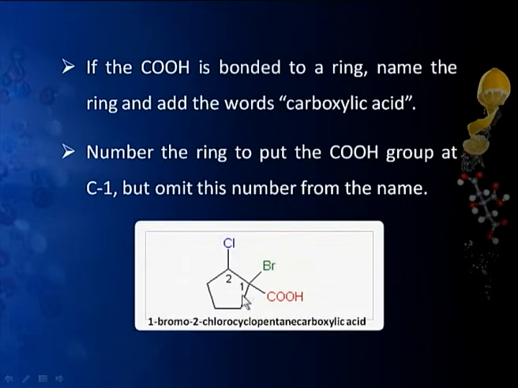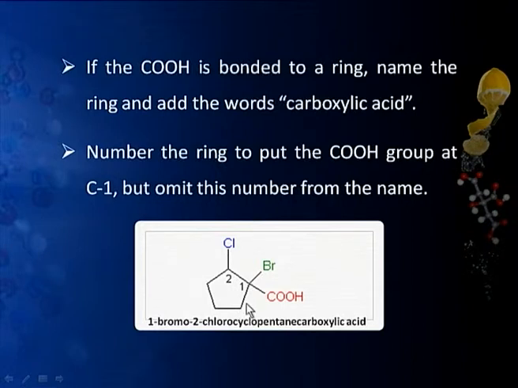Let us take this example. This is a 5 carbon ring, that is cyclopentane. Here is a carboxyl group present, a bromine and a chlorine also. So this carbon will be given the position number 1, and a bromine is also present at 1, and then we can number from this side 1, 2, 3, 4, or from this side 1, 2, 3, 4 and so on.